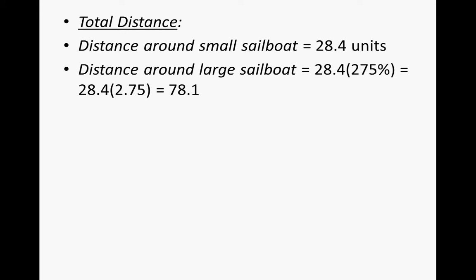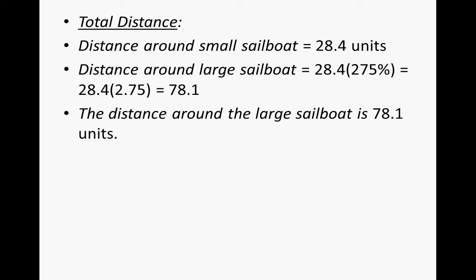And the distance around the large sailboat would be 28 4/10 times 275%, which would be 28 4/10 times 2 75/100ths, which is 78 1/10. Therefore, the distance around the large sailboat is 78 1/10 units.